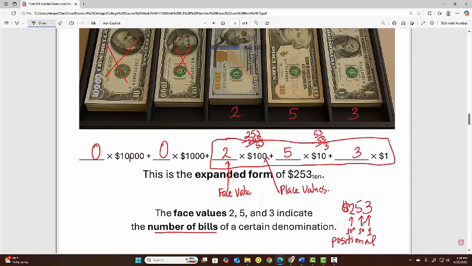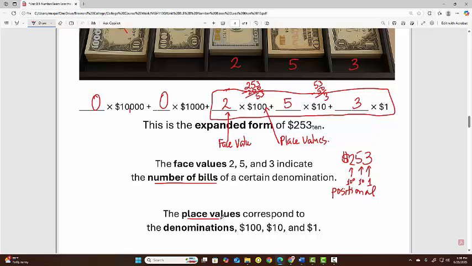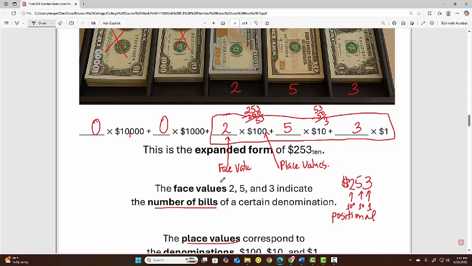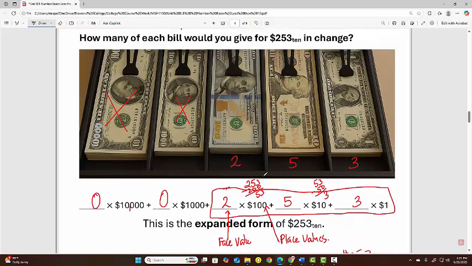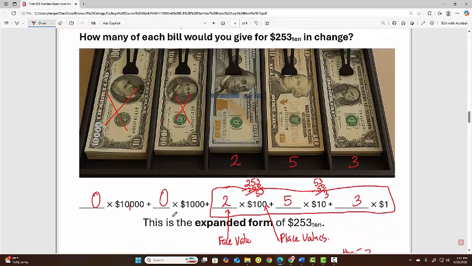Also, our bases are always powers of 10 because we're using a base 10 system. So the place values correspond to the denominations, the types of bills that we have in the drawer, whereas the face values are the number of that type of bill we have to give. So that's how it works. That's how our base 10 number system can be written in expanded form.